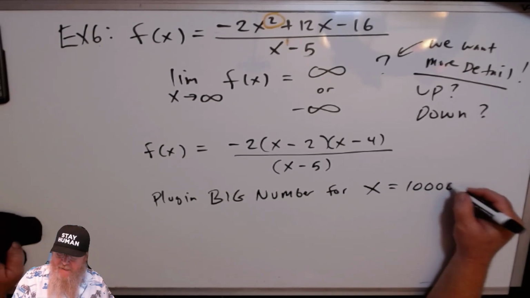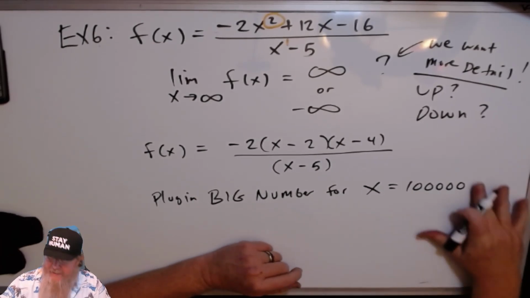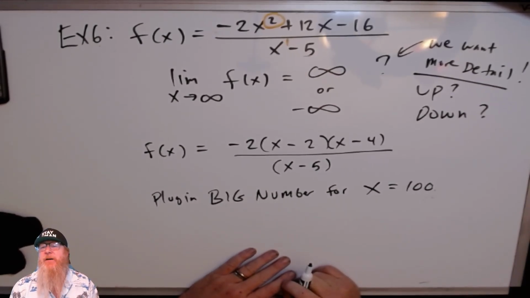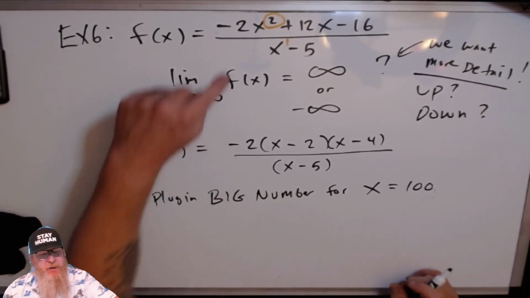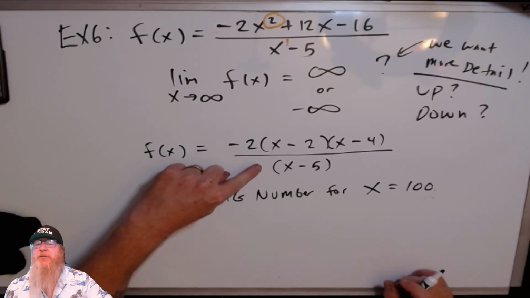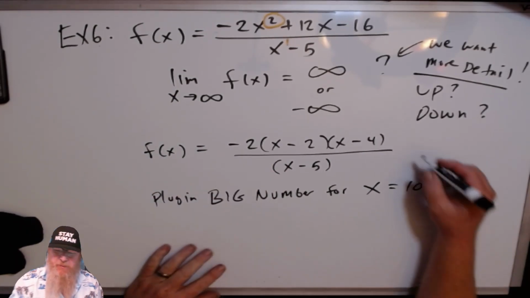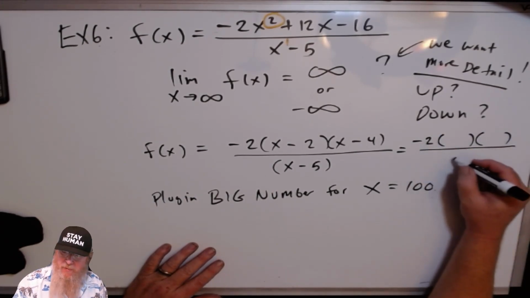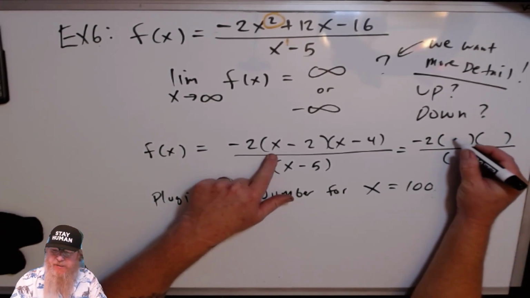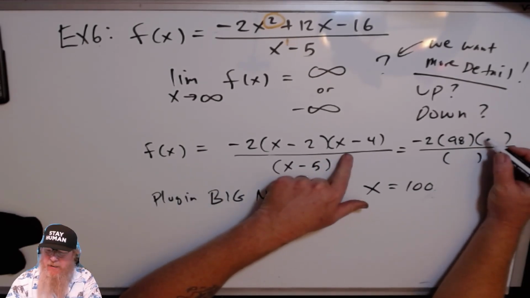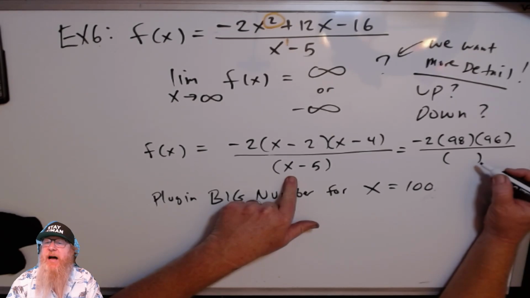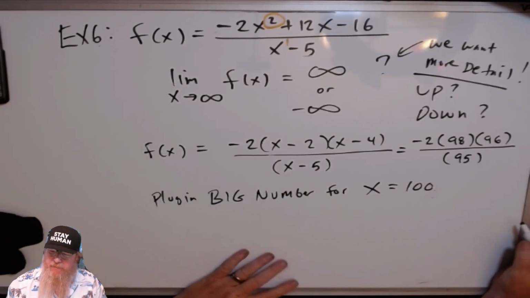You don't really have to go very big. You could even do 100 if you really want. You can use the original or you can use the factored form, but I'll show you why the factored form is super easy. Look at how easy it is to plug in a big number. 100 minus 2, 98. 100 minus 4, 96. 100 minus 5, 95.